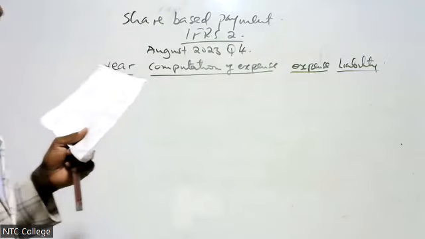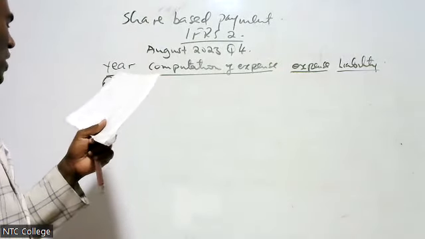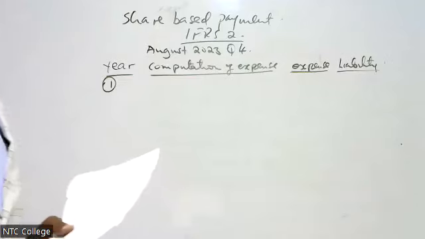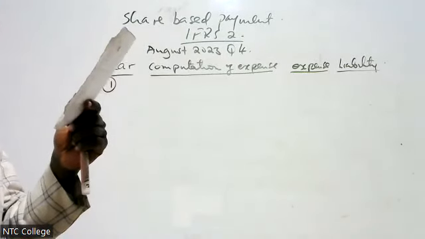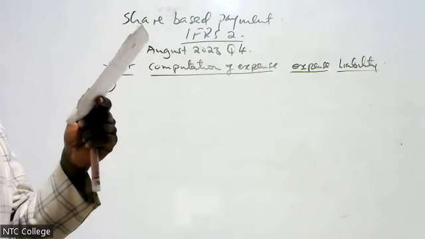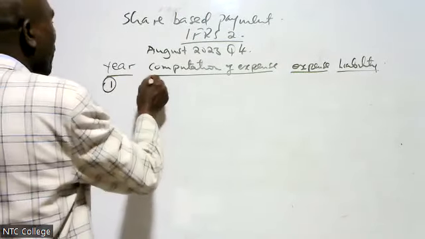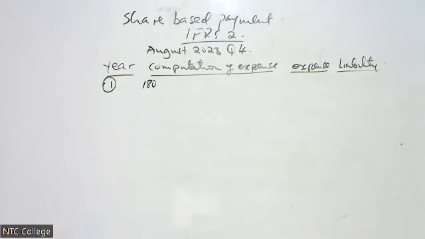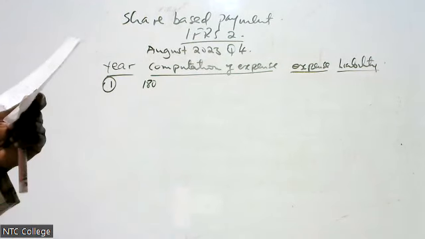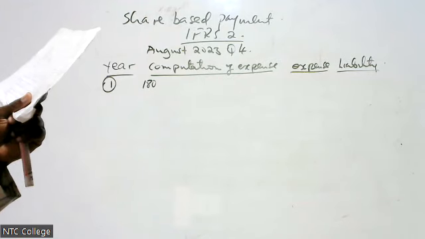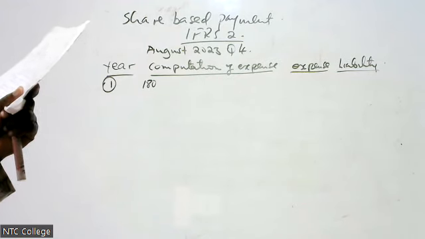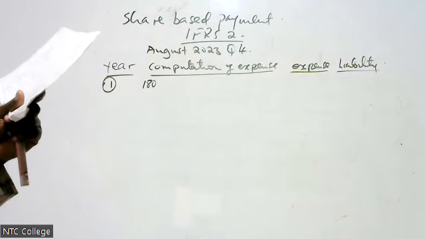The examiner says, on 1st January 2020, that is our grant date, Dabora Limited granted each of its 180 employees 1,000 share options. So we have 180 employees in this company. This company is a very big company. These options will vest if the employees remain in the employment of the company until 31st December 2022.